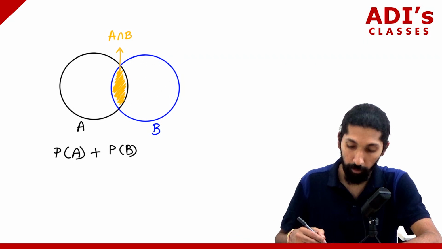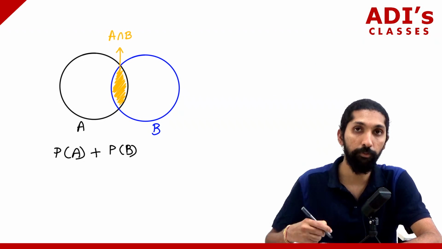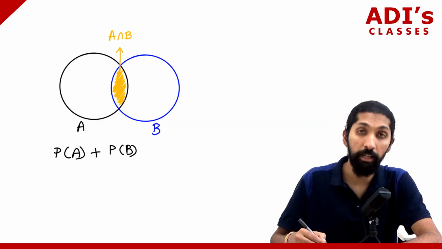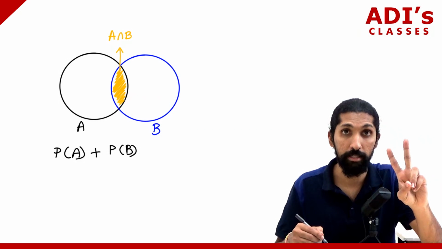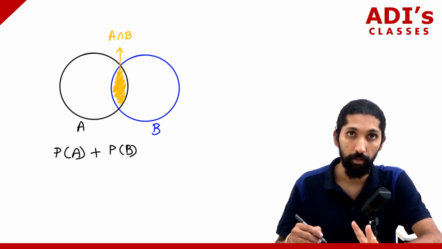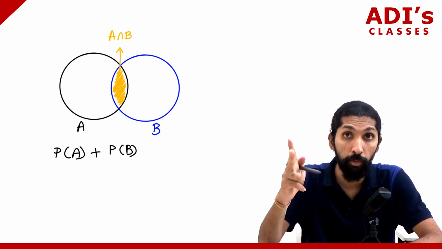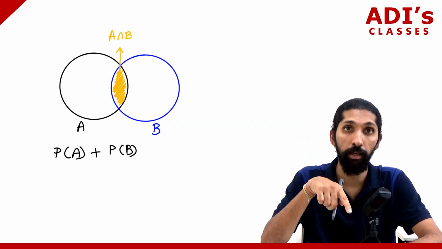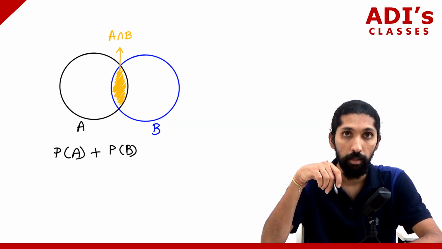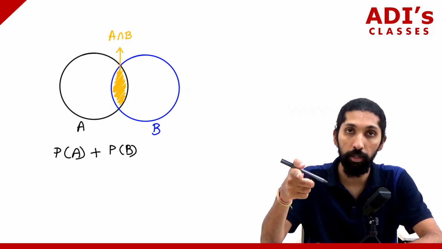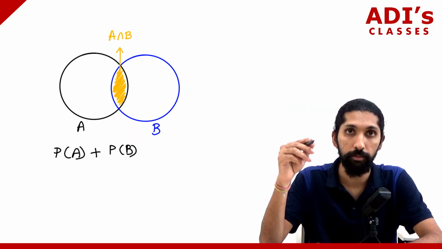Along with P of A and P of B, one thing you notice is that we are including the intersection twice, correct? I hope this is clear. We are including the intersection twice, once in P of A and once more in P of B. Since we are including it twice, what do we do? We subtract it once.